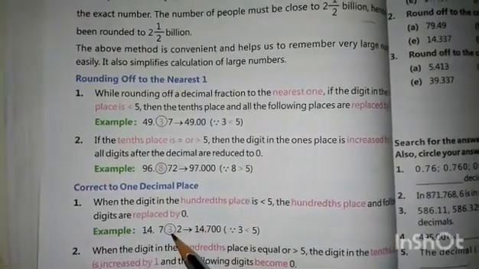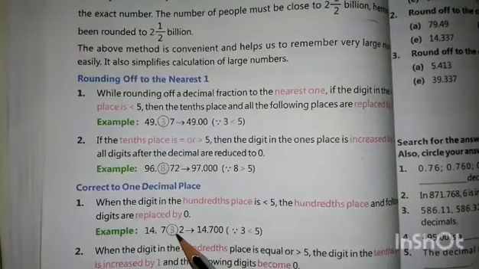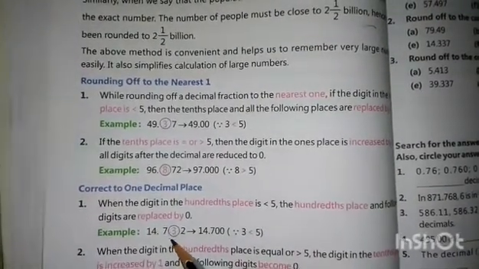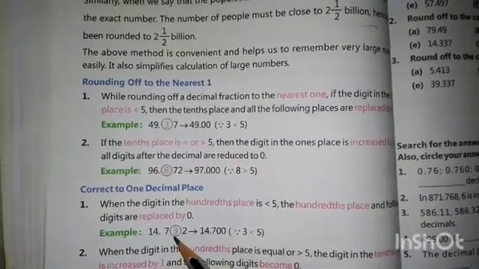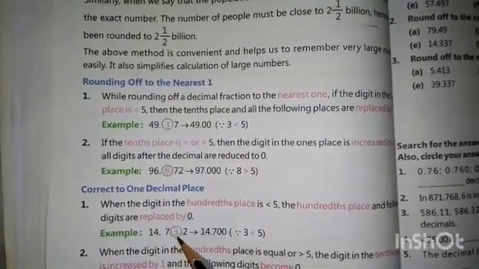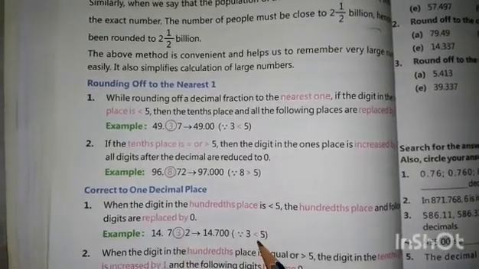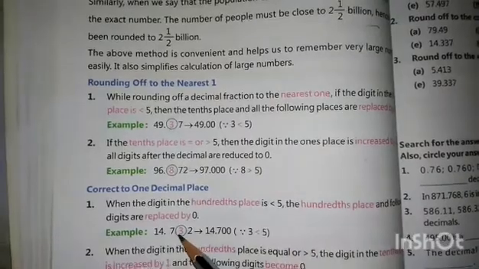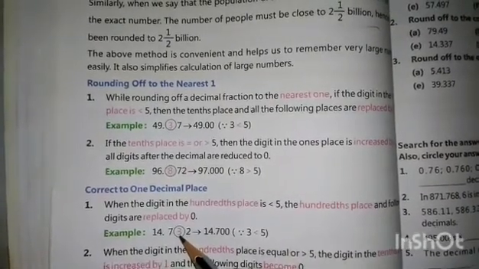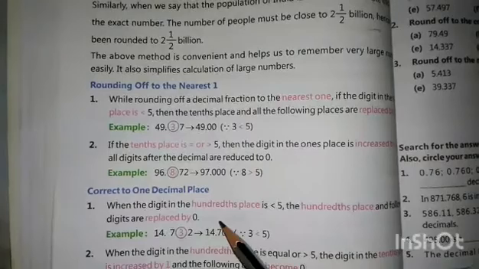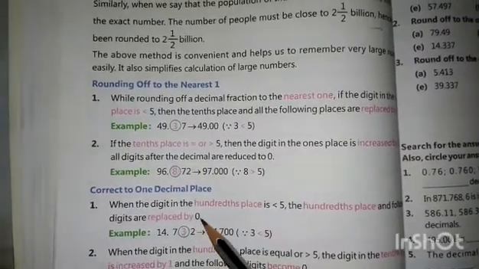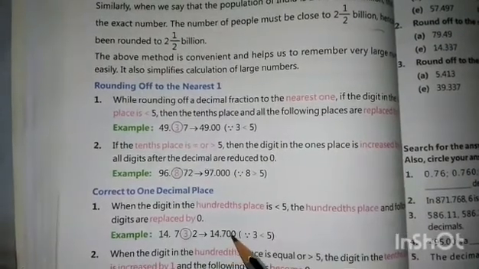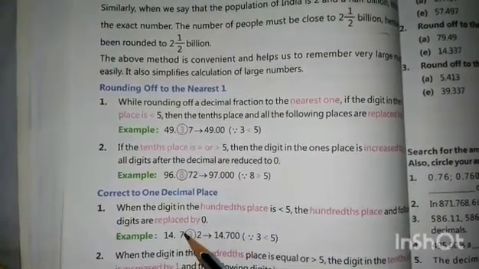And whatever digits follow at the right side of the hundredths place also become 0. So we check the hundredths place. In the example 14.732, the hundredths place is 3, and 3 is less than 5, so 3 becomes 0 and the remaining digits at the right side, the thousandths, ten-thousandths, etc., are all replaced by 0. So 14.732 becomes 14.700; 7 is not changed.